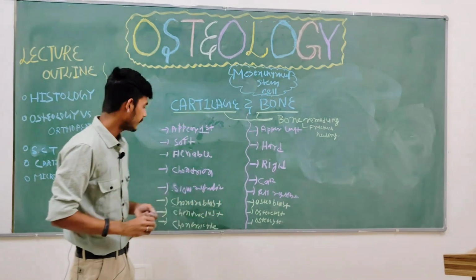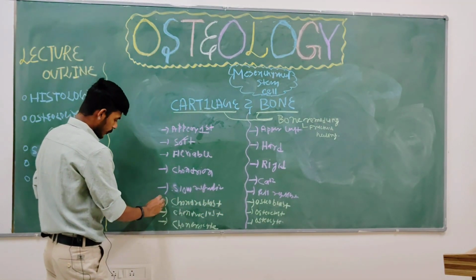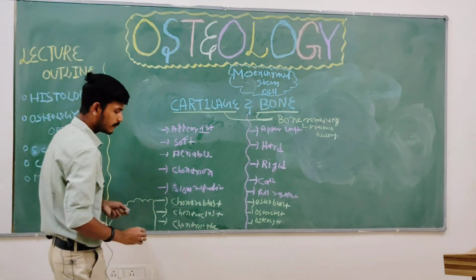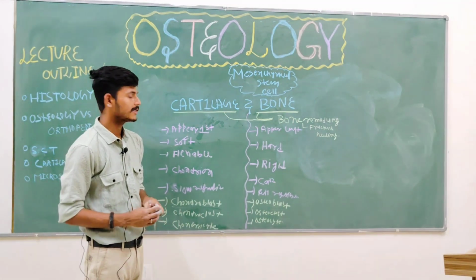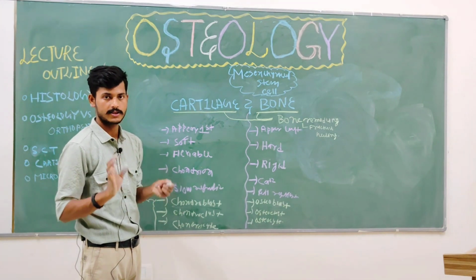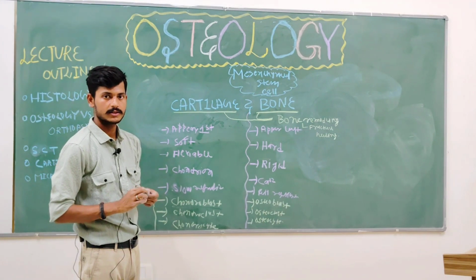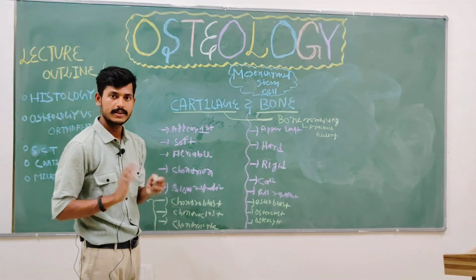Then about the function of chondroblast, chondroclast and chondrocyte, you just write down one word: there is a need for bone formation. And bone formation, as I said, is termed osteogenesis, or ossification. There are two types of ossification, endochondral ossification and intramembranous ossification.